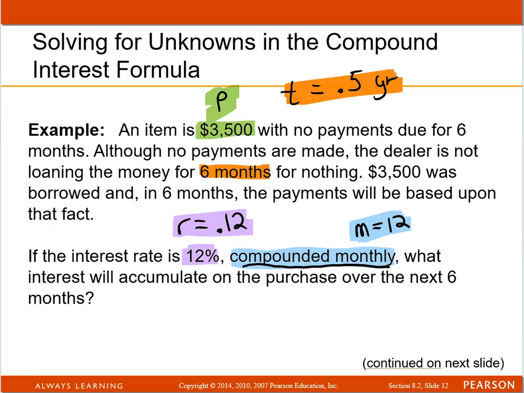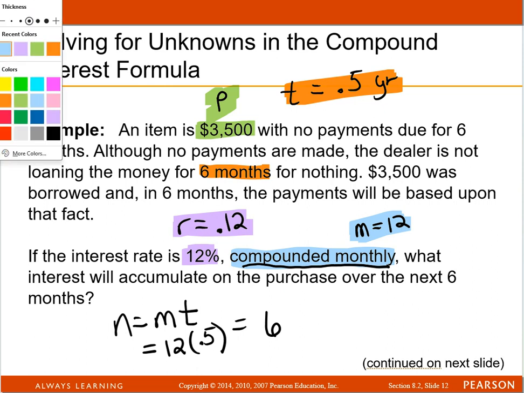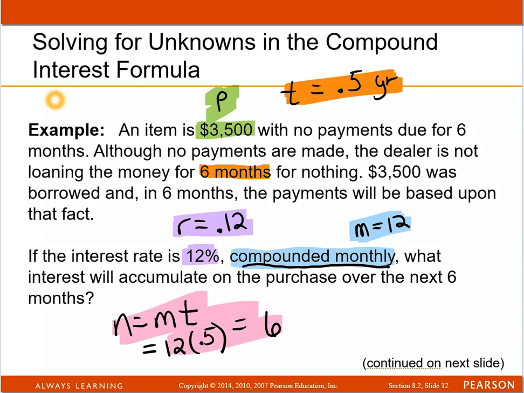Okay, and then it wants to know what will the interest accumulate. Okay, I still need N though. Remember, N is M times T. M is 12 and T is 0.5. So that's going to be, N will be 6.